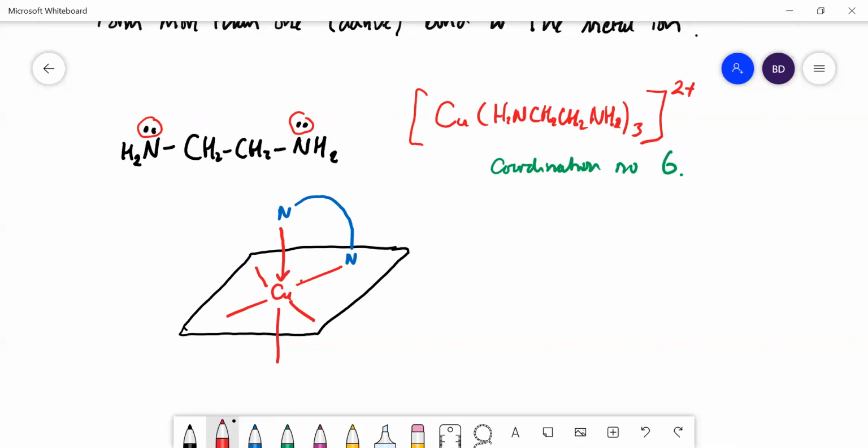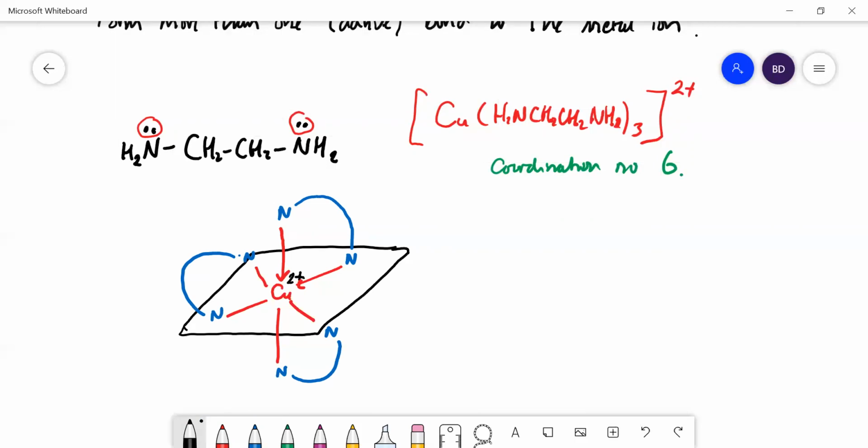So you get one ligand like that, and another one here with these two, and the third one here. They do ask you to draw that sometimes, and there'll be a 2+ charge. I put it on the copper, but of course it's shared over the whole thing, really.